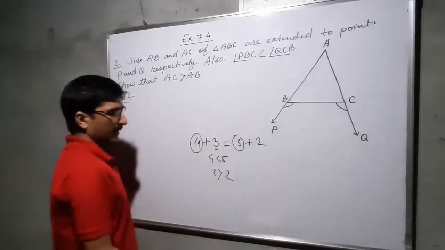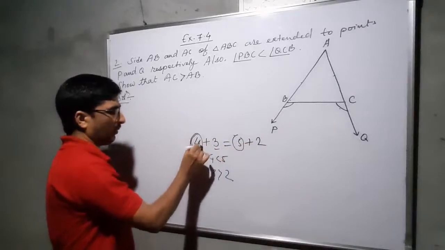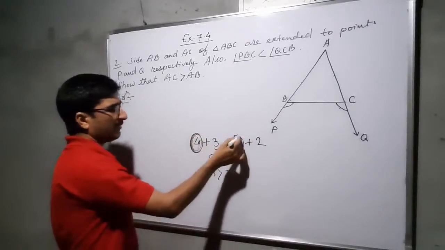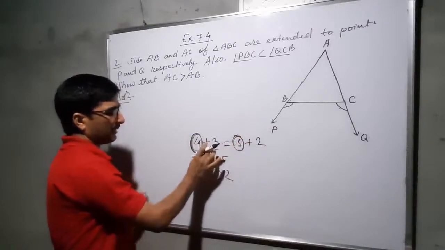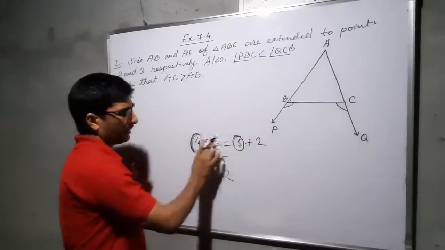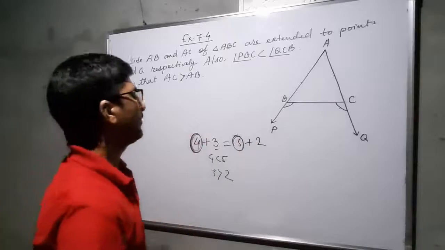If these two sums are equal, and the first term of the first sum is greater than the first term of the second sum, then the second term will be greater than the other term. Simple trick. So the same thing we can apply in this case also.